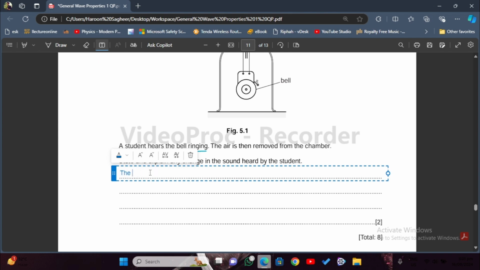So the student will not be able to hear any sound, because sound depends upon the medium for its propagation.